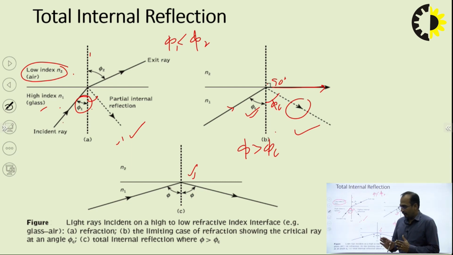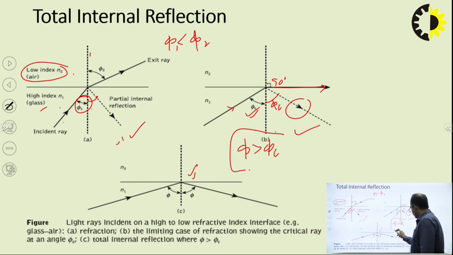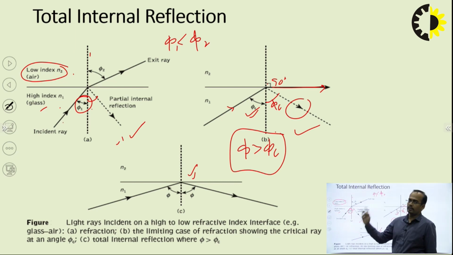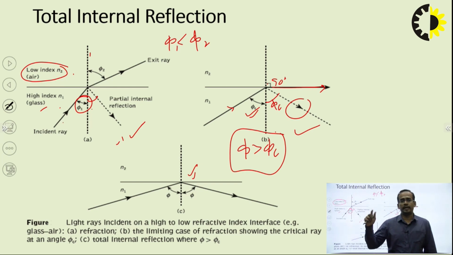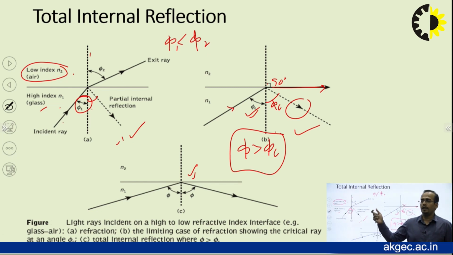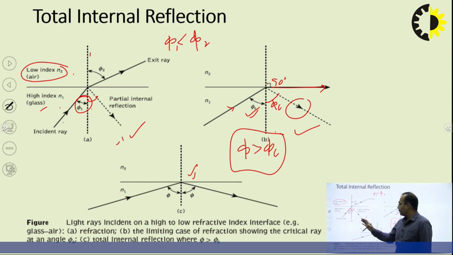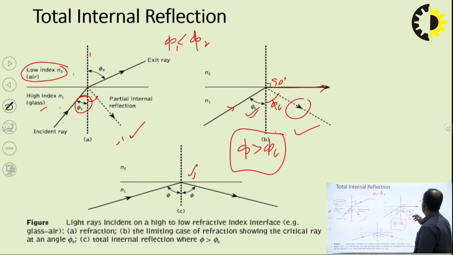So, for the phenomenon of total internal reflection, we have to follow this condition: the incident angle should be greater than the critical angle. What is the critical angle? The critical angle is the angle at which the refracted ray makes an angle of 90 degrees with the normal. So, this is the phenomenon of total internal reflection.